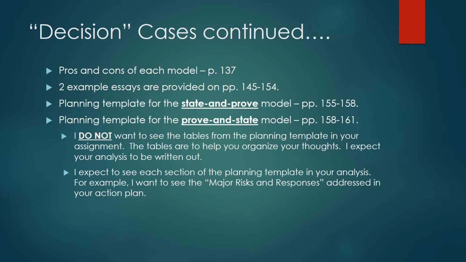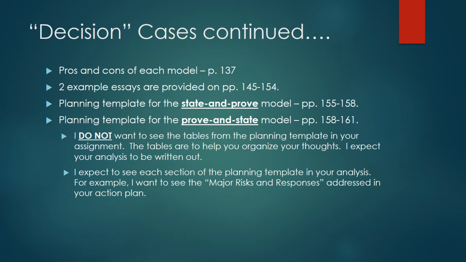We do have planning templates for the state and prove model, and the author provides those for you on pages 155 to 158. The planning template for the prove and state model begins on page 158 and ends on 161.